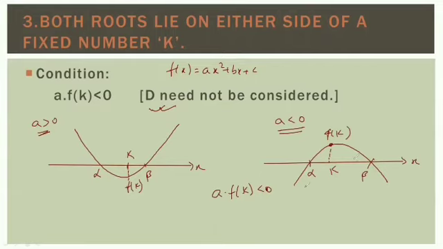Because if a is less than 0 and f of k is also negative, that means the roots are non-existent, and that is not the required condition for this case. So the condition for D is already covered in this.